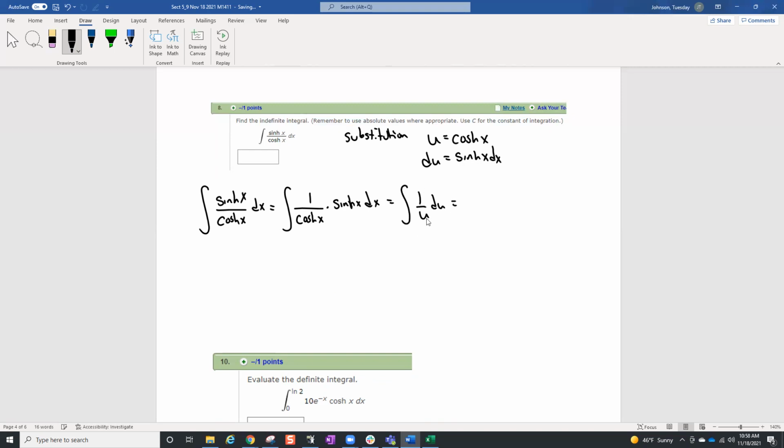Because we know that the antiderivative of 1 over u is the natural log of the absolute value of u plus c, don't forget the capital C. When we reverse our substitution, this will be the natural log of the absolute value of hyperbolic cosine of x plus c.